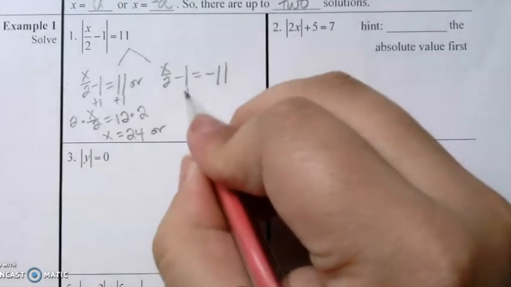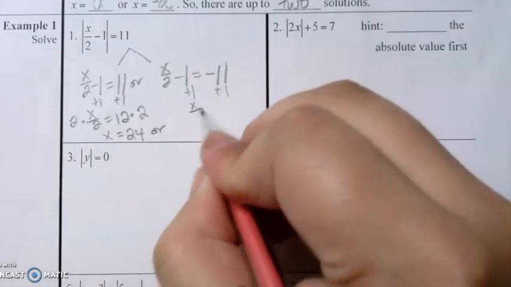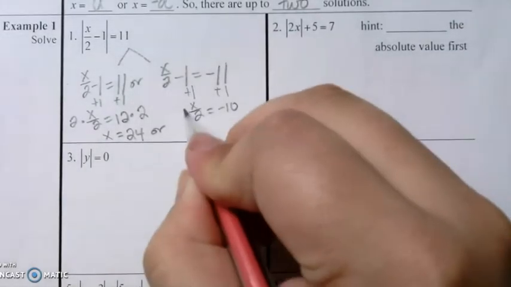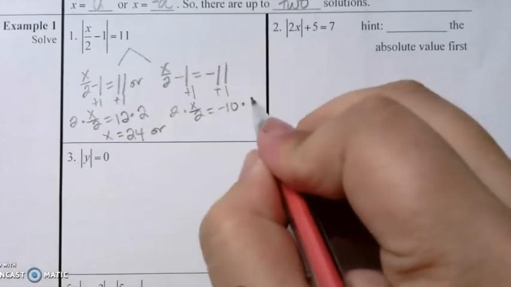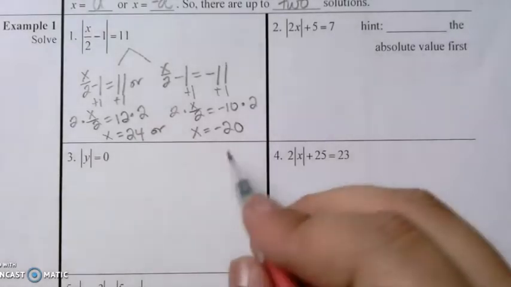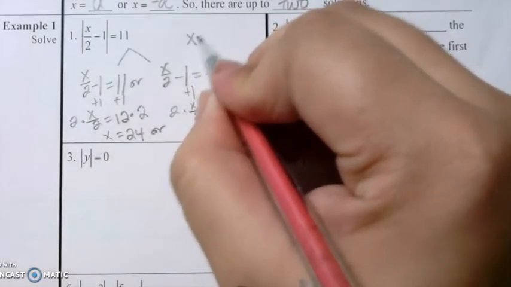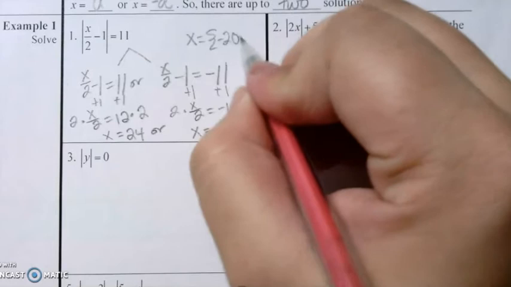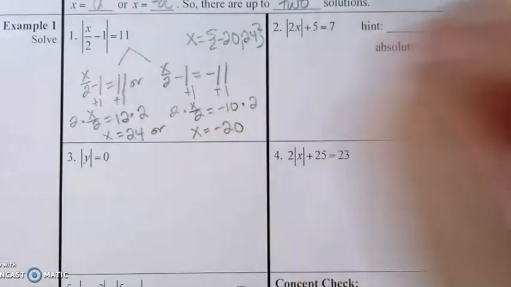Or, we solve the other side to find that x could be 24 or negative 20. So since we have 2 different solutions, we can write our solution set: x is either negative 20 or 24.